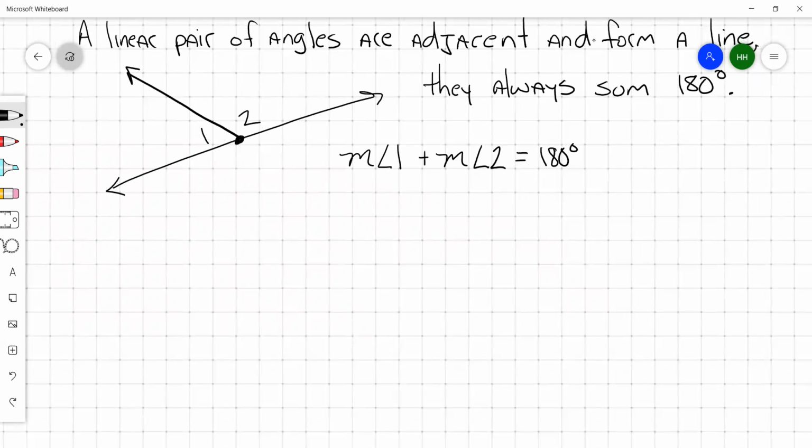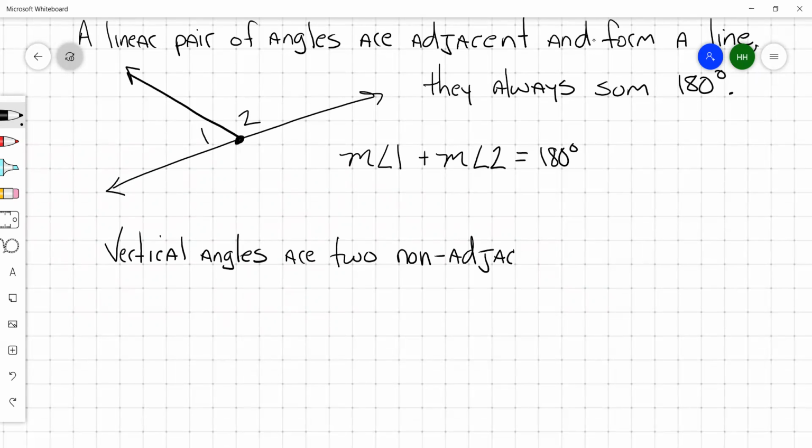Vertical angles. Those are two non-adjacent angles formed by intersecting lines.